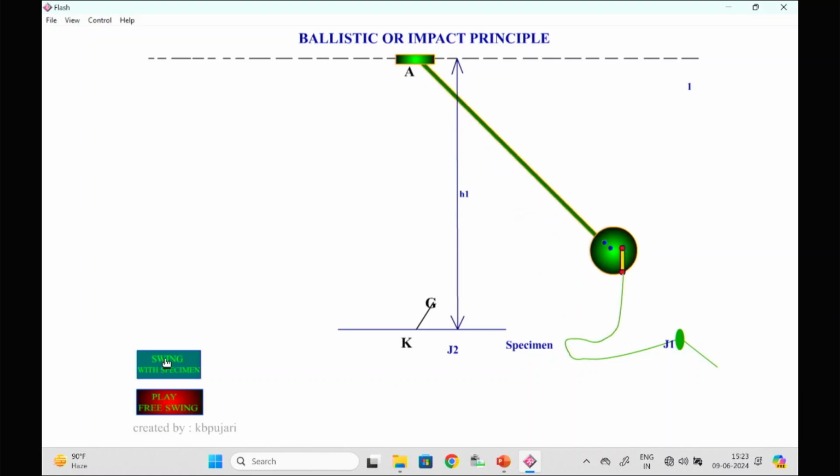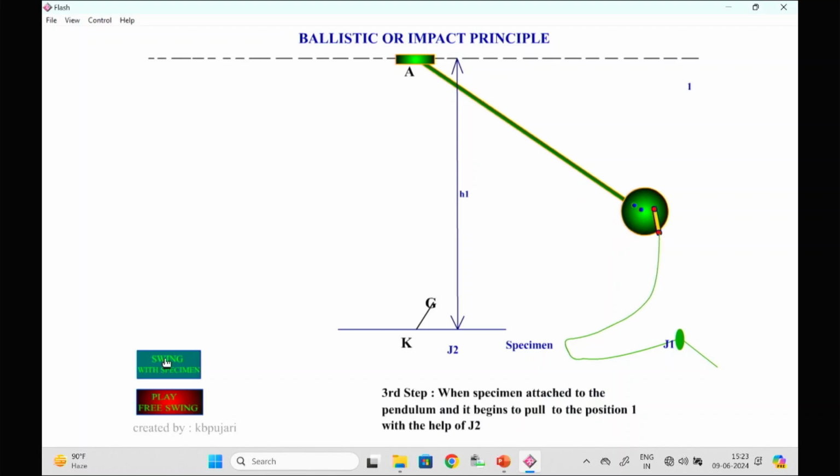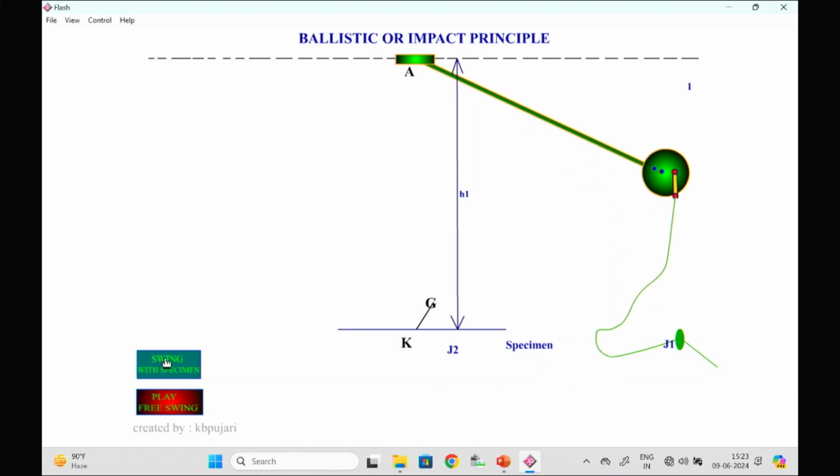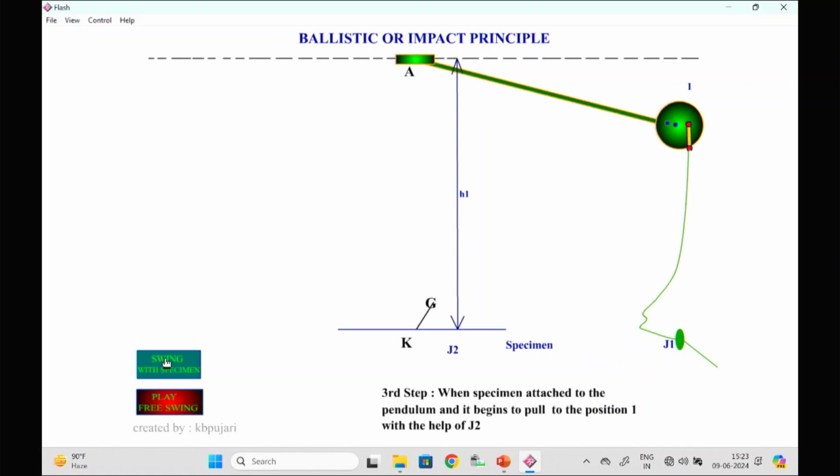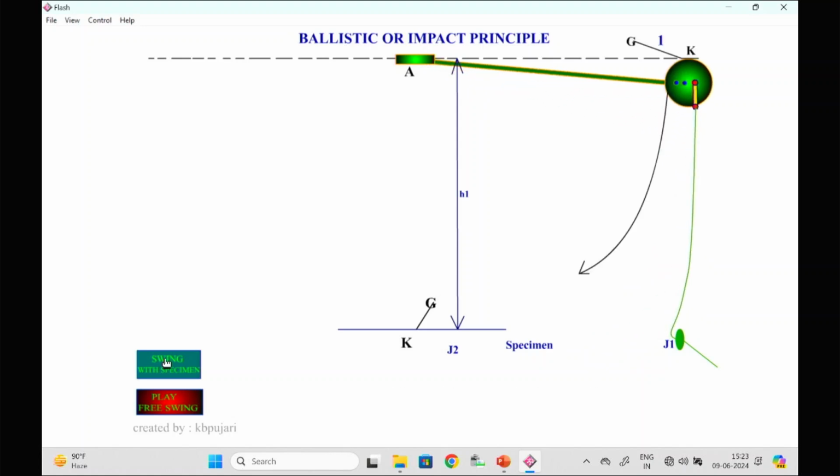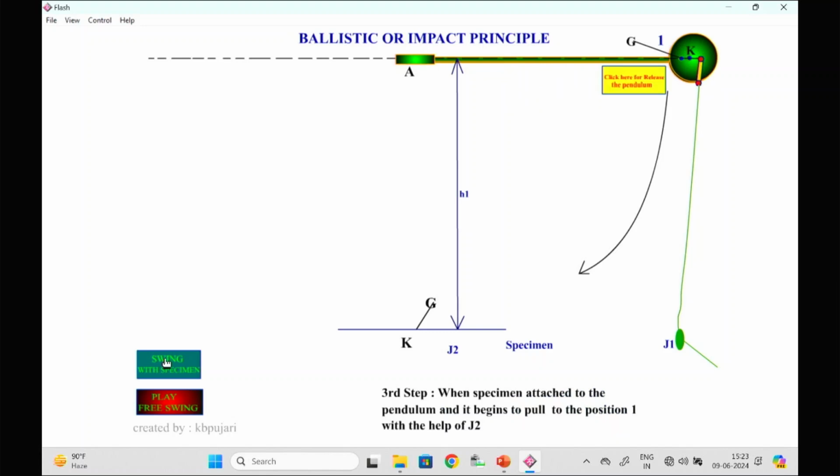Again we are swinging the pendulum towards the horizontal position, and in this case the thread or the specimen is attached to the pendulum, and the other end of the thread is attached to a fixed jaw J1. Now let us release the pendulum.